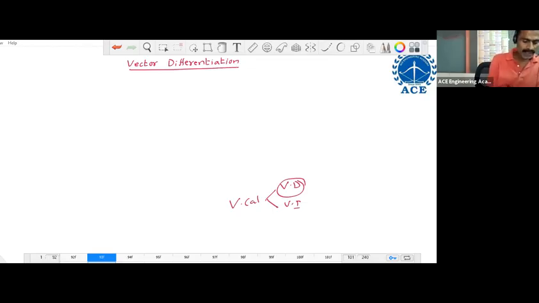In this vector differentiation, we will discuss gradient, divergence, and then curl. Along with these three, directional derivative.